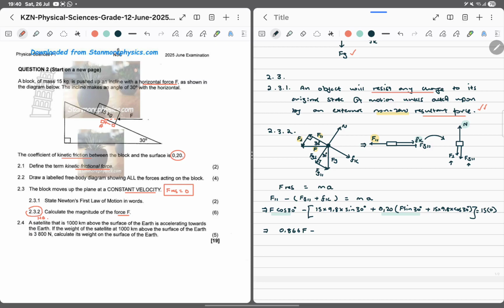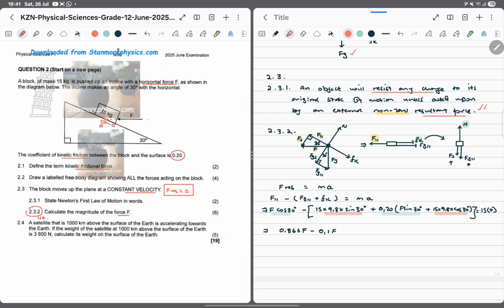Okay, so this is going to be 0,20 times sine 30. Right, so that's 0,1. Okay, so we've got 0,1 F. Now these two are going to be like terms.